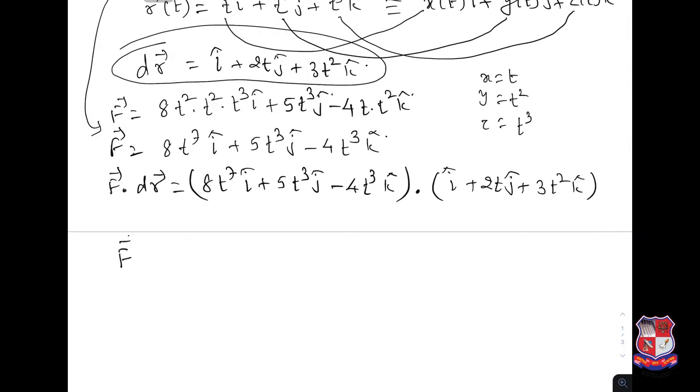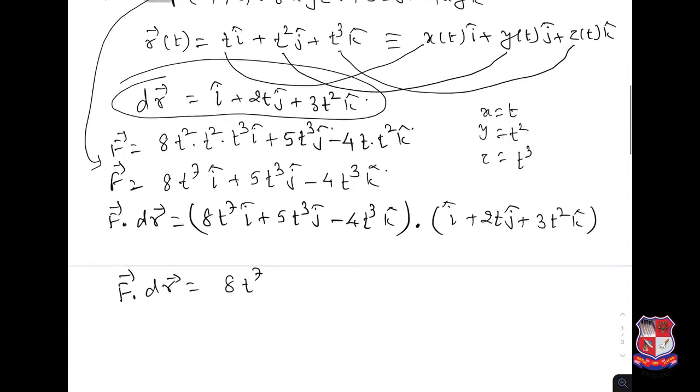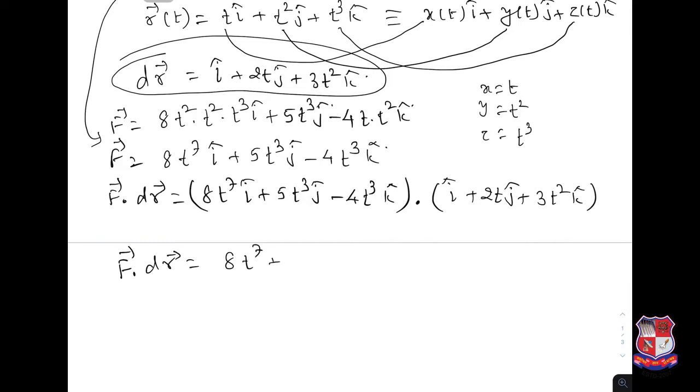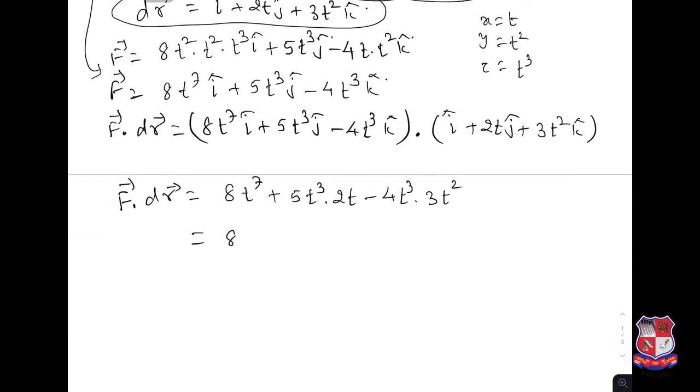And so f dot dr is 8 t power 7 plus 5 t cube into 2t minus 4 t cube into 3t square, and so that is equal to 8 t power 7 plus 10 t power 4 minus 12 t power 5.